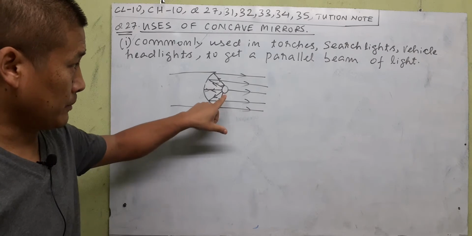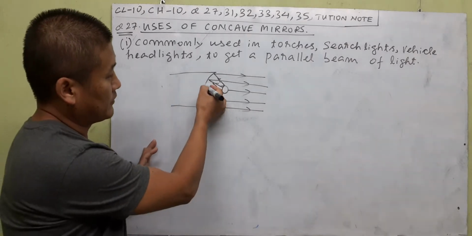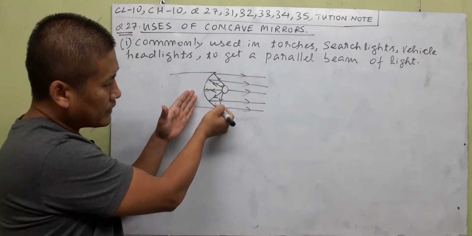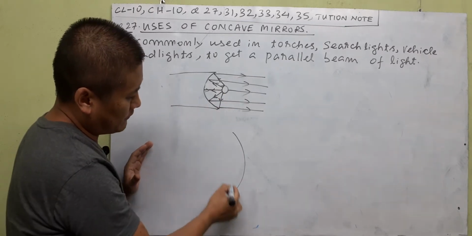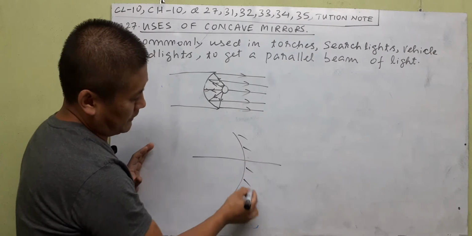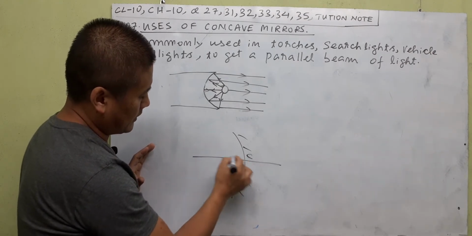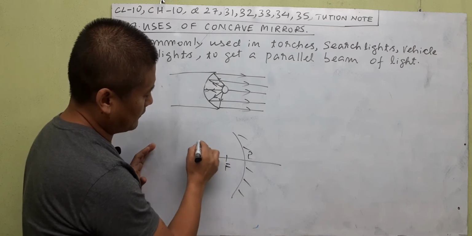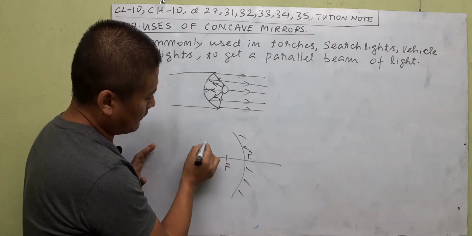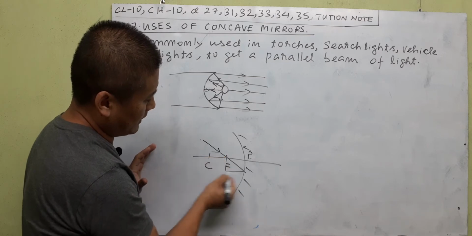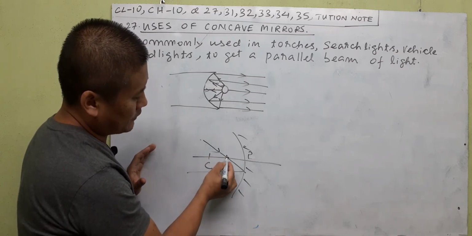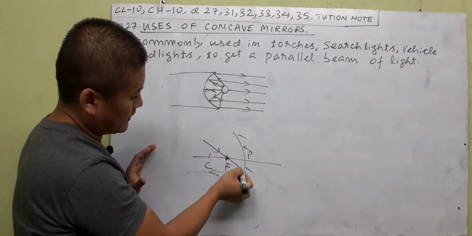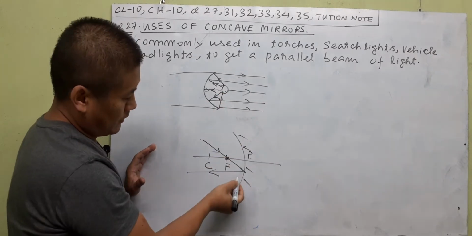Because the bulb is somewhere near the focus of the concave mirror, the rays come out from the focus. We know that the concave mirror is like this, and this is the pole P, center of curvature, and F. A ray parallel goes through the focus, but a ray passing through the focus becomes parallel. So it's like the bulb is at the focus. The rays look like they are coming from the focus, hitting the concave mirror, and they become parallel.